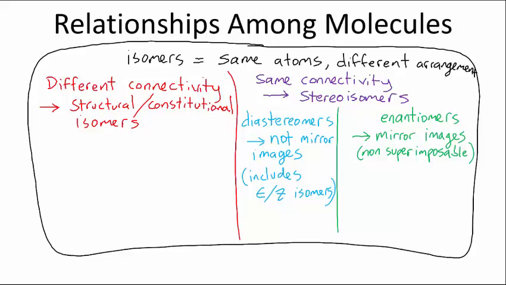So we want to be able to distinguish among all these relationships. And it's also just helpful to be able to look at molecules in different contexts and relate them to each other.